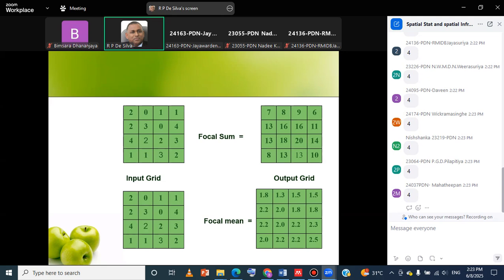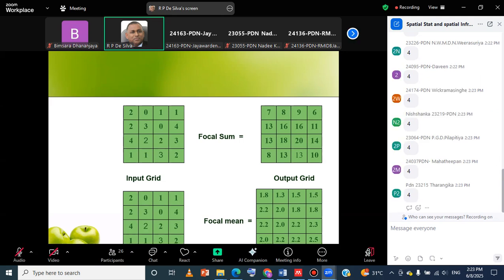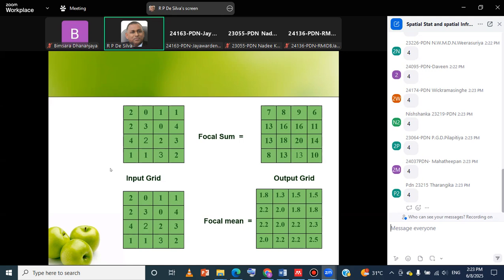Okay, good. Most of you have got the answer right. You got 4 complete, because only these 4 cells will have complete eight-way connectivity.